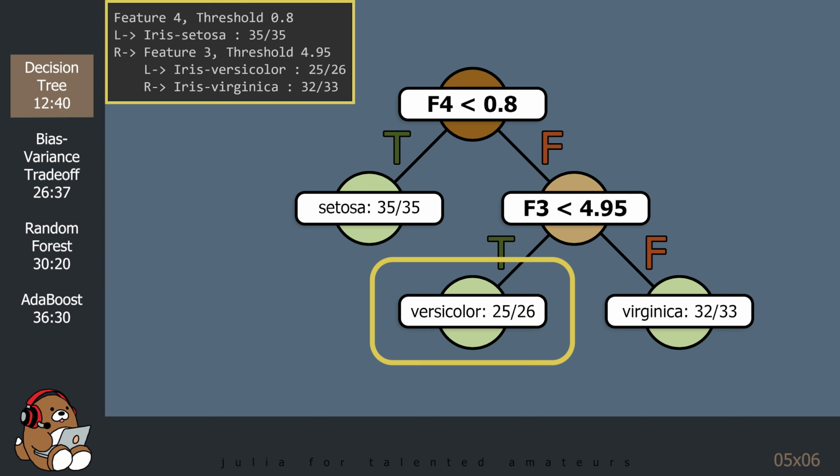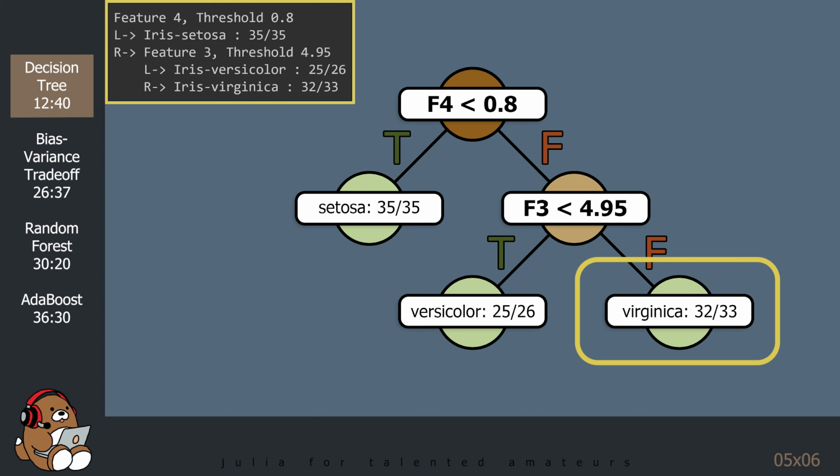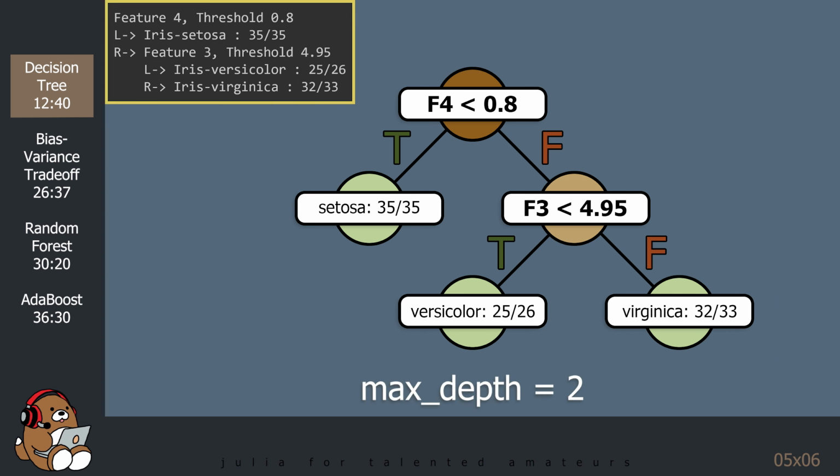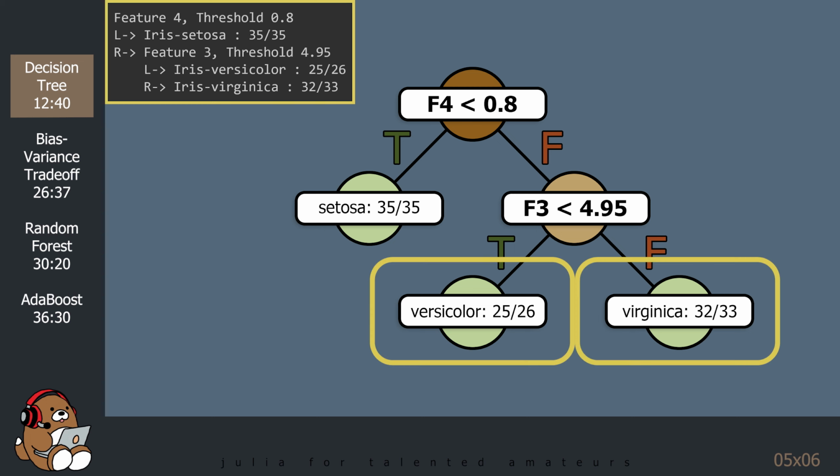Samples with a feature 3 value of less than 4.95 go into the left node, and everything else goes into the right node. At this point, the tree stops growing because we use the keyword argument max_depth equals 2. If we didn't use that keyword argument, the tree would continue to grow until the algorithm determined its own stopping point. As a result, the last two nodes are leaf nodes by default.